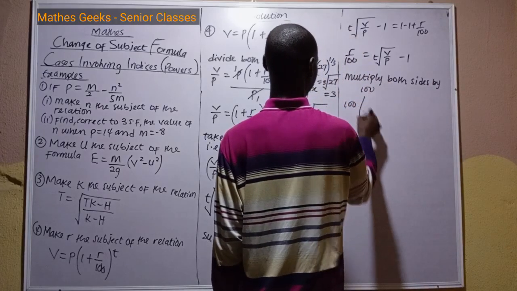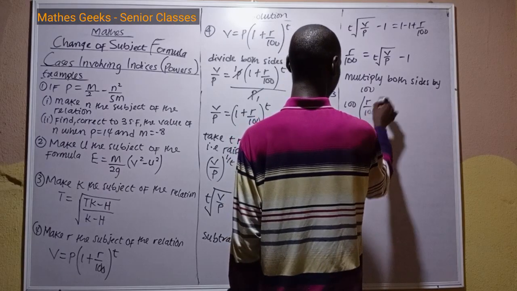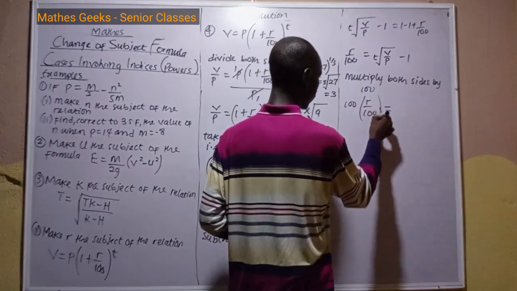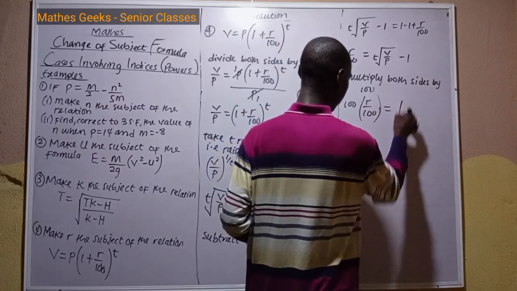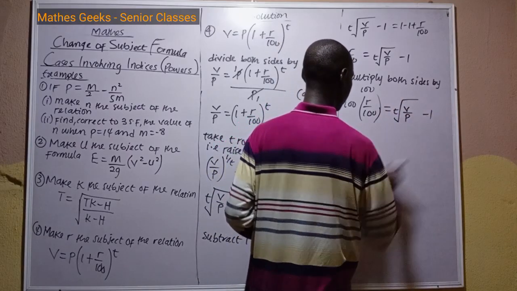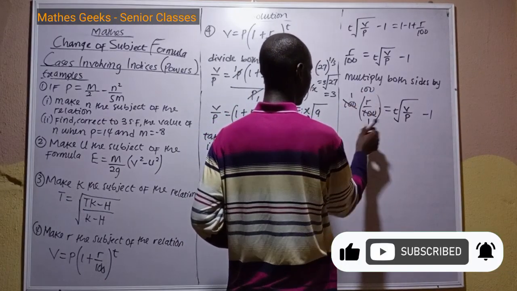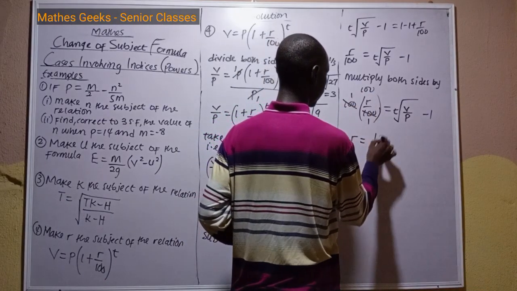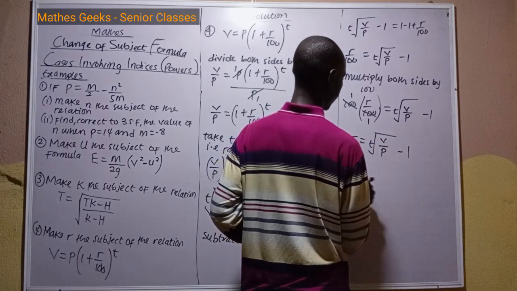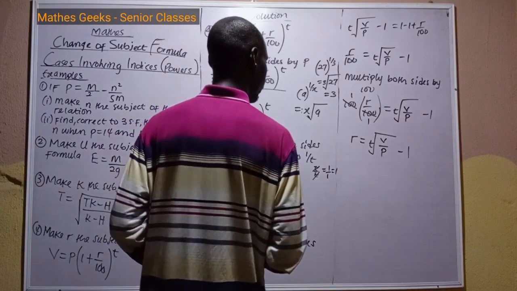So 100 times R over 100 is equal to 100 times the T-th root of V over P minus 1. The 100 here, 100 into 100 is 1. So R is equal to 100 times (the T-th root of V over P minus 1). This way, R is the subject of the relation.